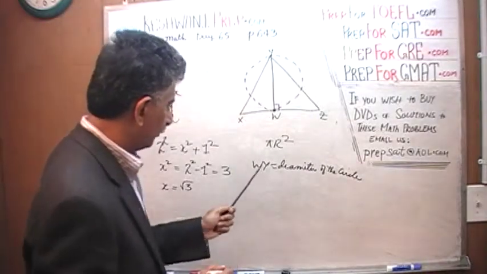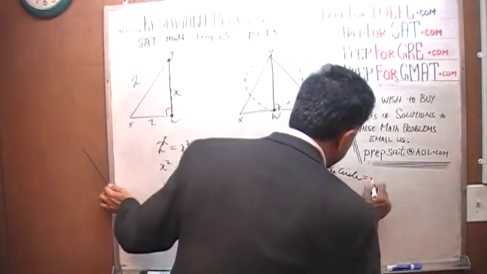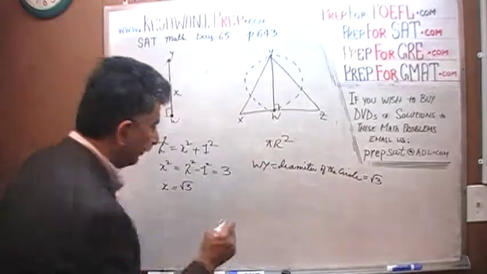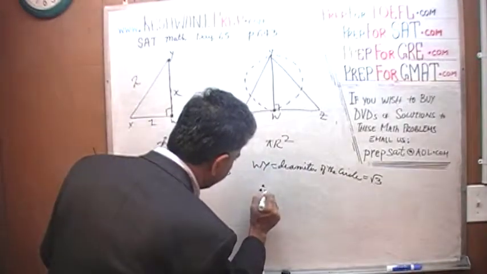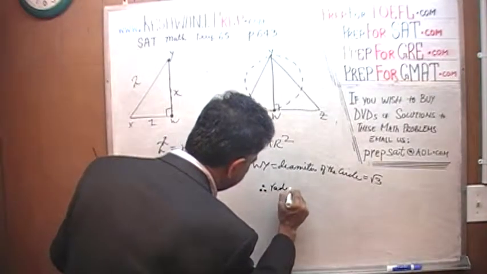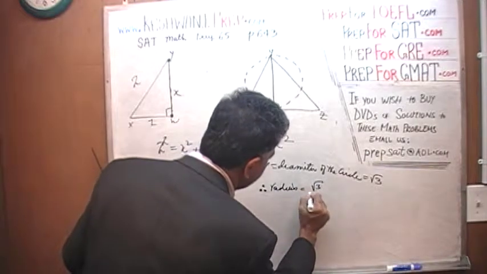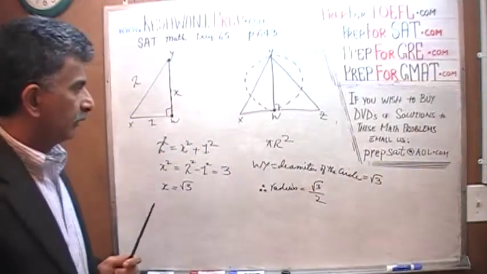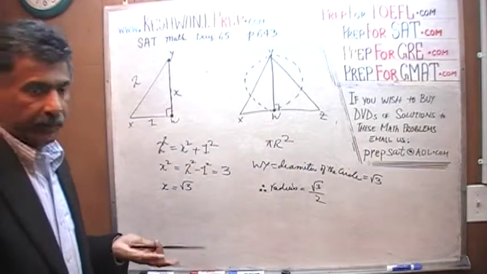We just found out x to y is root 3. And therefore, the radius equals half of that, root 3 over 2. We are done.